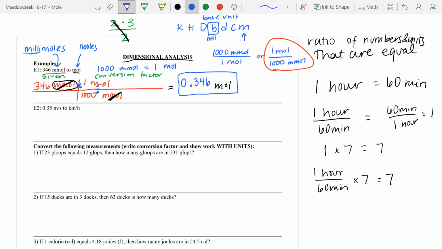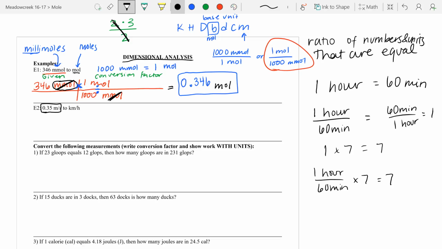So let's look at problem number 2. Problem number 2 is a little bit trickier. It gives us 0.35 meters per second, and it wants us to convert that to kilometers per hour. So that means we're going to need to do 2 different conversion factors in the same problem.